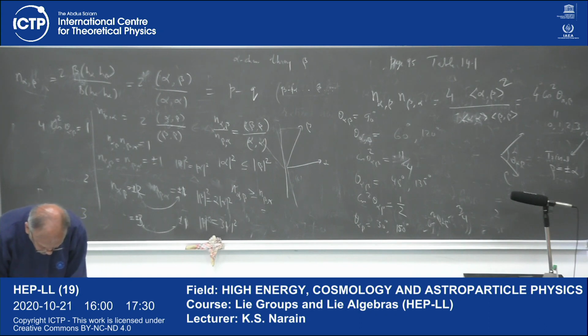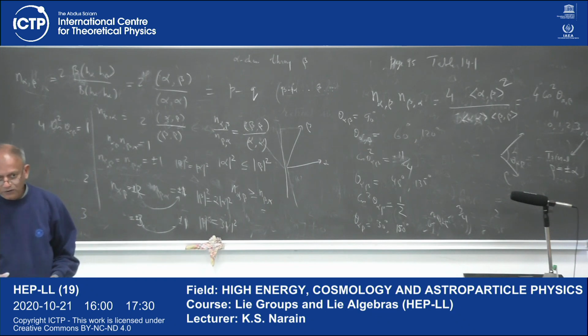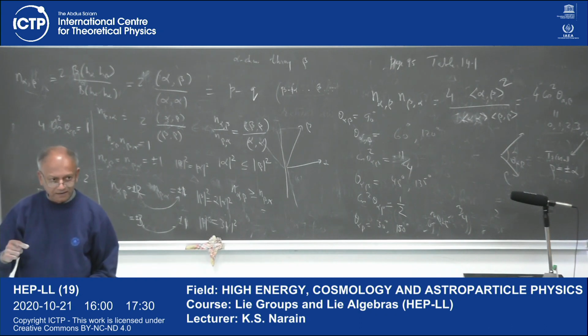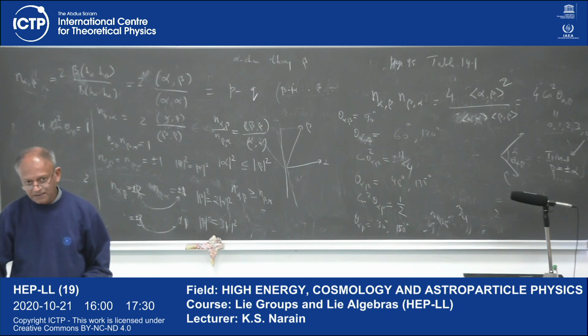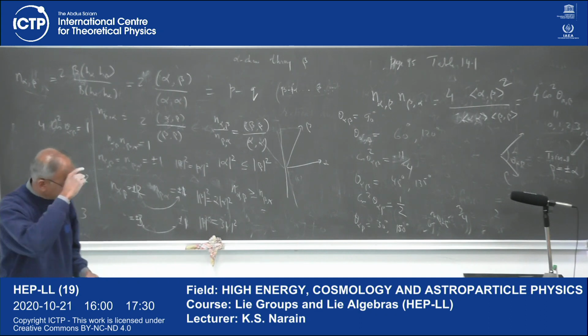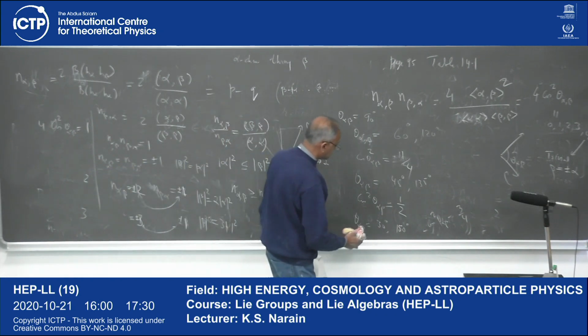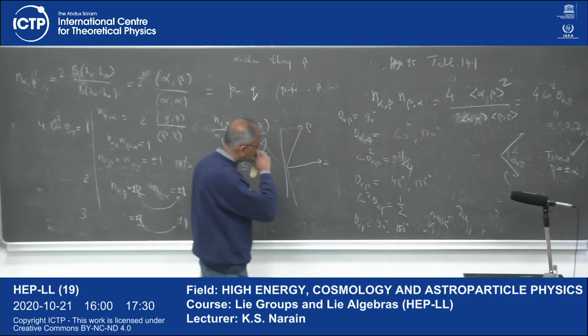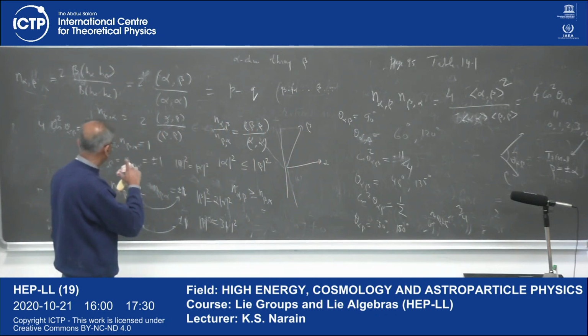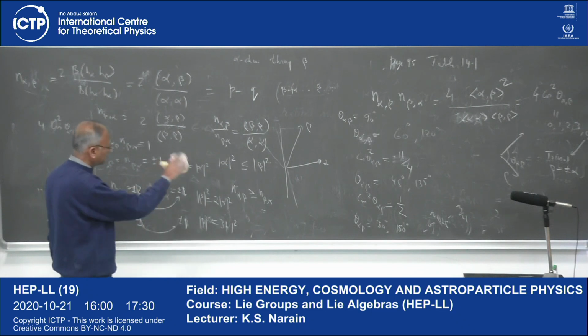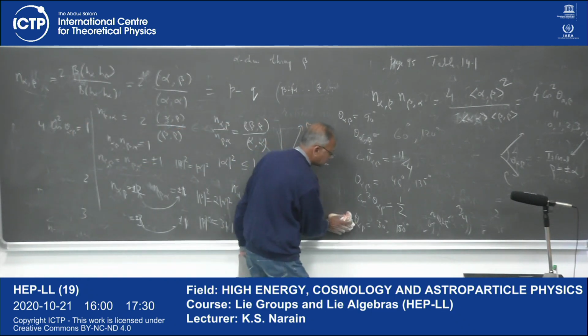So this is one of the places where we need to use the concept of the regular element. You remember we defined a regular element in the Cartan subalgebra. We said the Cartan subalgebra must have at least one regular element, which has the minimum number of 0 eigenvalues. So that's where this plays a role.